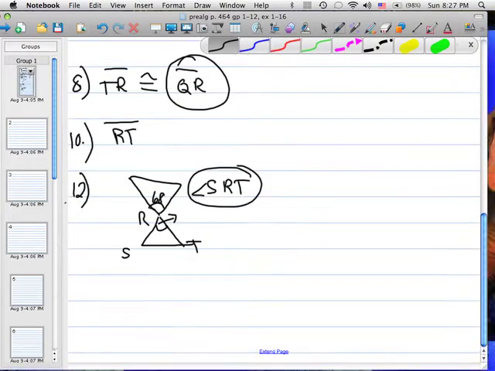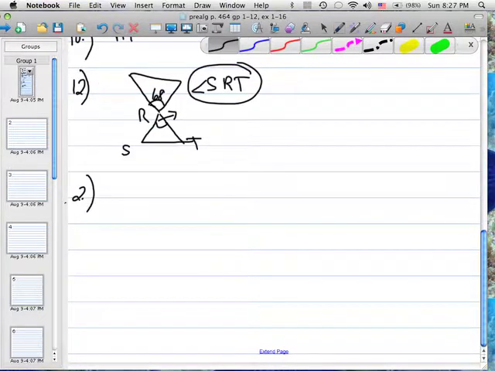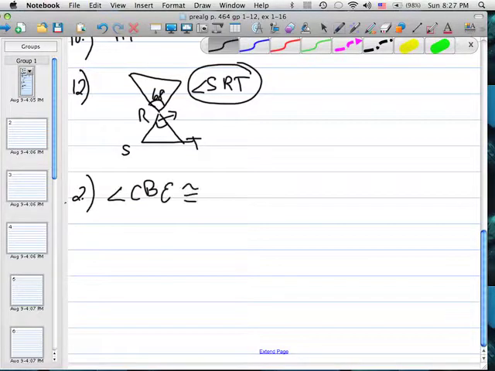And then the exercises, number 2, use the figure at the right to complete each statement. Angle CBE is congruent to which angle?